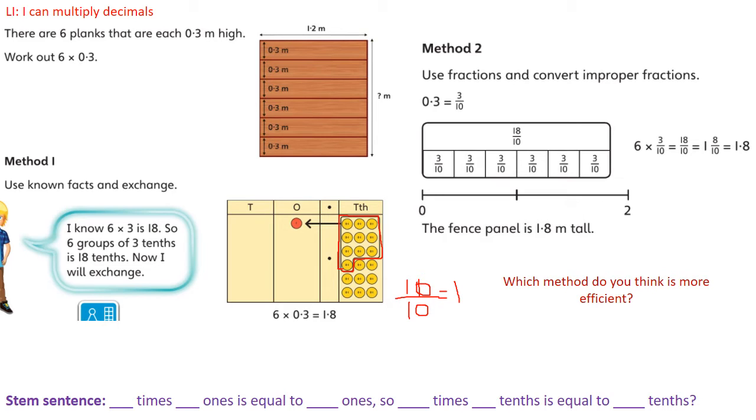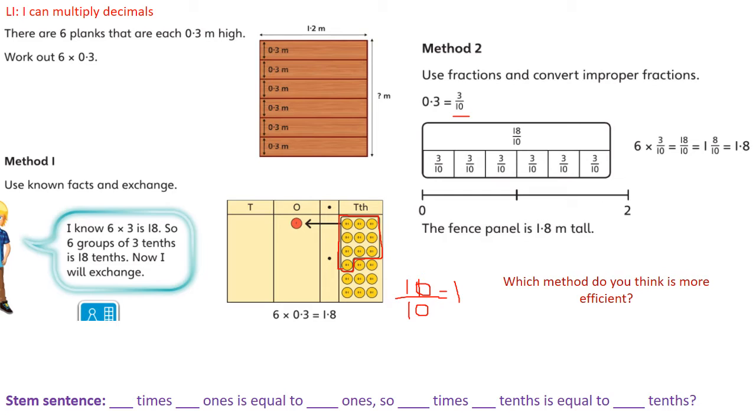The other method is converting to fractions. This isn't quite so easy because we've not covered timesing fractions yet, but some of you might fancy a go at this. So we know that 0.3 can be written as 3 tenths.